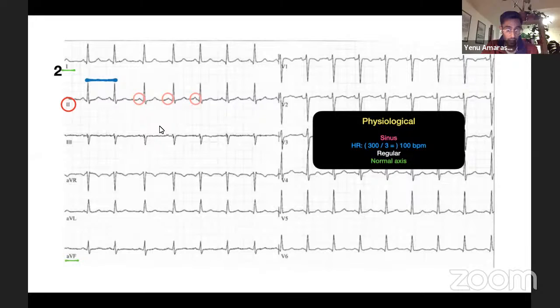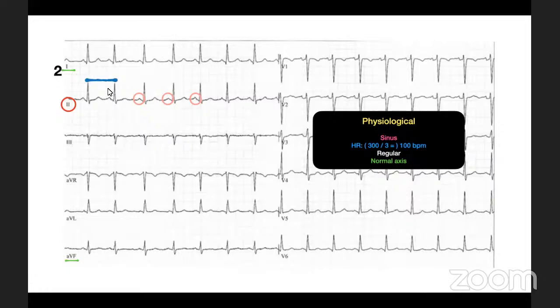Then you would calculate the heart rate, and that's the RR interval. So you have the number of large boxes between each one: 1, 2, and 3. So 300 divided by 3 will give you a heart rate of 100 beats per minute.